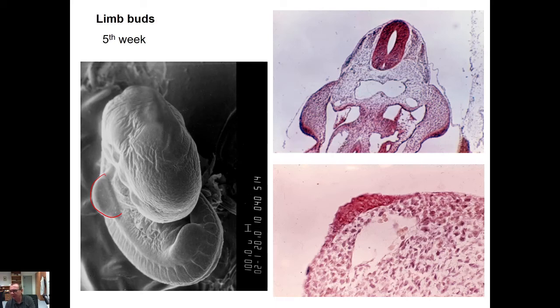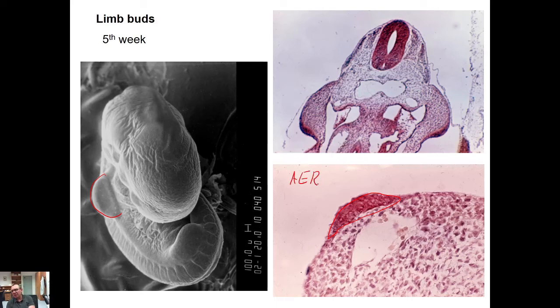And in this high magnification of limb bud histology, we can see thickening of the ectoderm on the surface. It is so-called apical ectodermal ridge, AER.